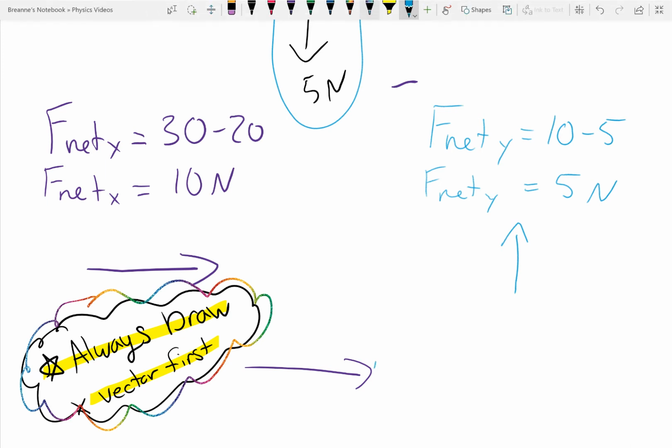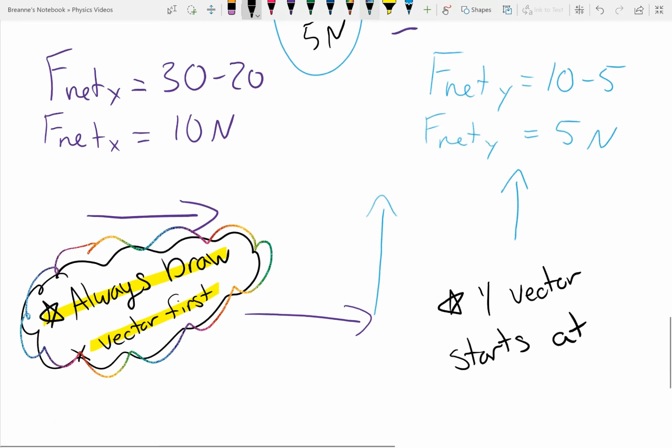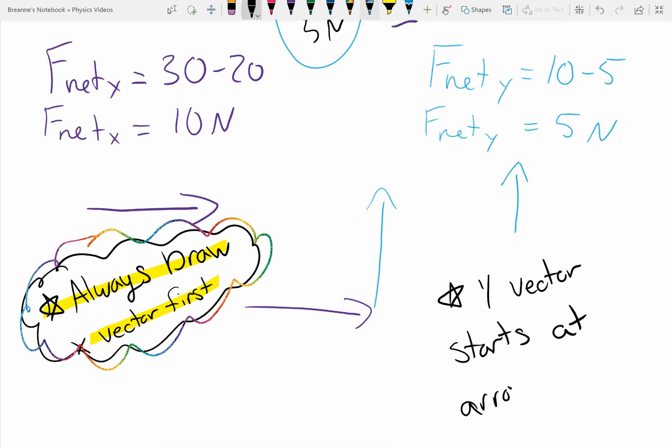Then when you draw your y vector, you put it on the end of your x. The y vector starts at the arrowhead of the x vector.